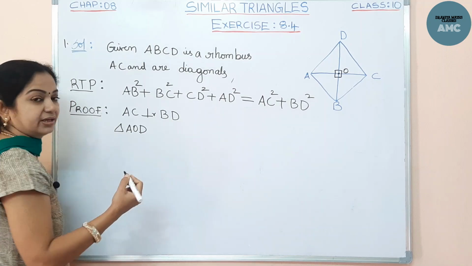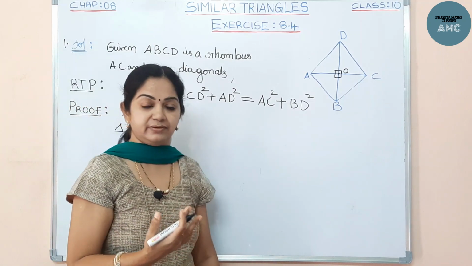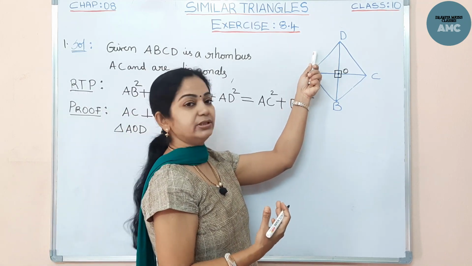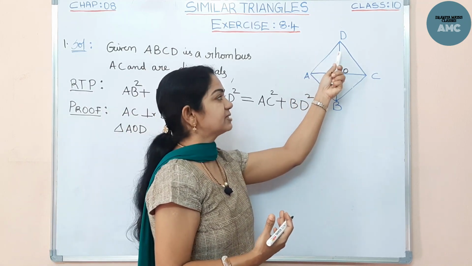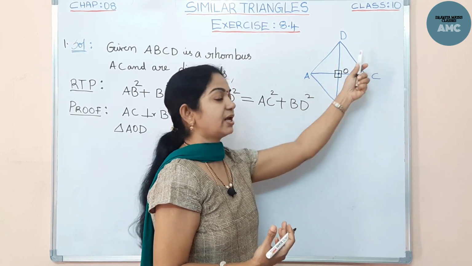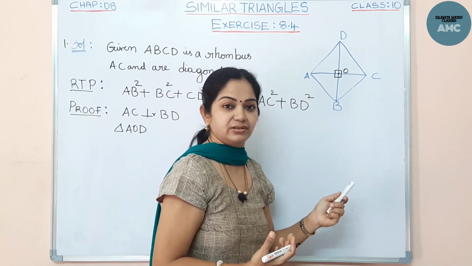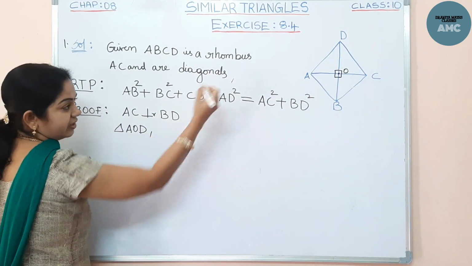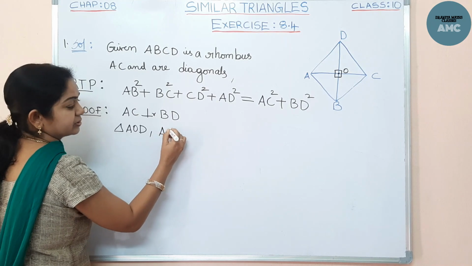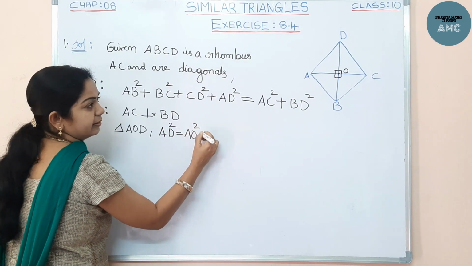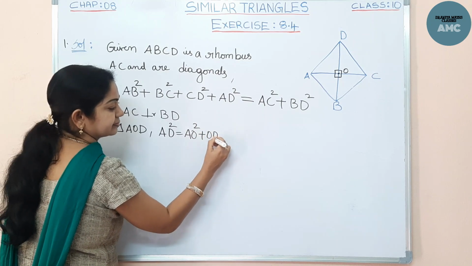In a right angle triangle we can apply the Pythagoras theorem. What does the Pythagoras theorem tell us? The hypotenuse square is equal to the sum of the squares of the other two sides. Likewise, I'll apply the Pythagoras theorem for all the 4 triangles. In triangle AOD, the hypotenuse AD square is equal to AO square plus OD square.